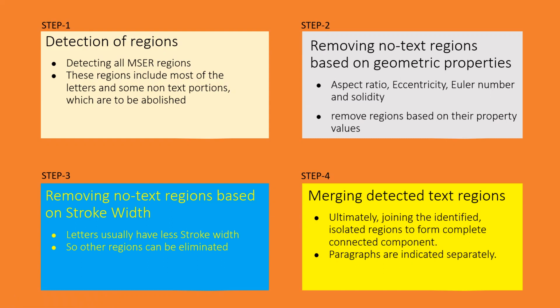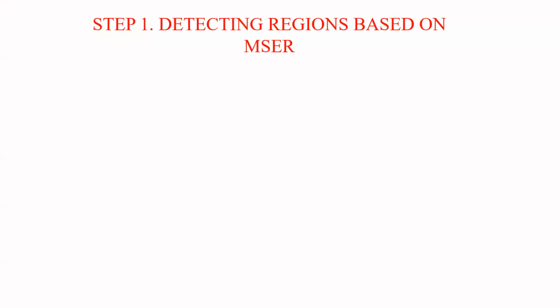But to bring some meaning to the letters, we have to combine the letters to form a meaningful word, or we need to combine them as a paragraph to indicate in an image. This is the whole process of this project. Let's get into the individual details of each and every step.